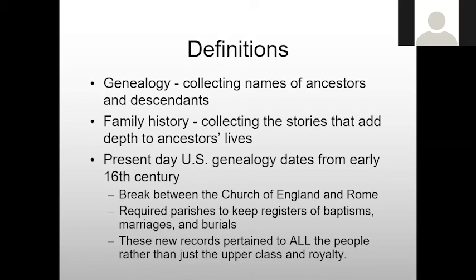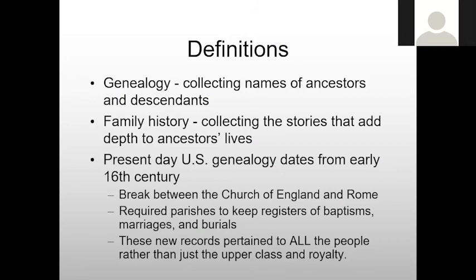Present day genealogy for the United States dates back to the early 16th century. King Henry VIII was married to Catherine of Aragon, and he wanted a new wife, Anne Boleyn. So he divorced Catherine, and with that, the Church of England broke from the Church in Rome.